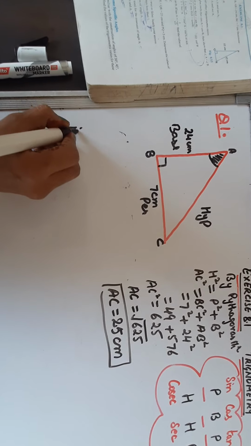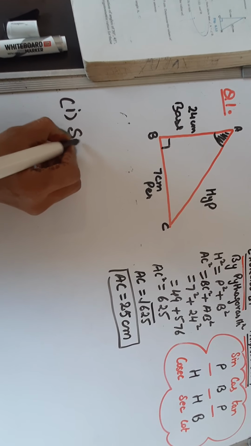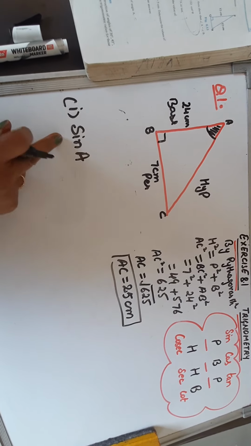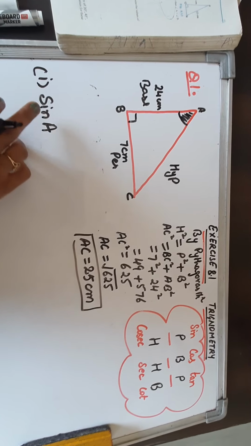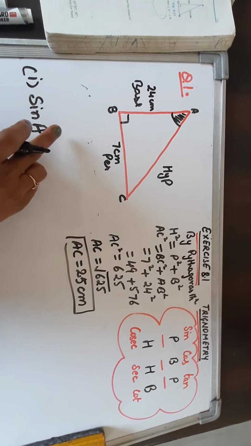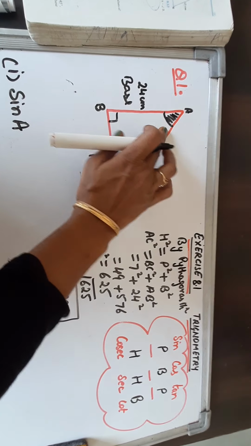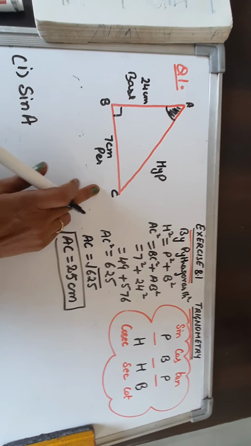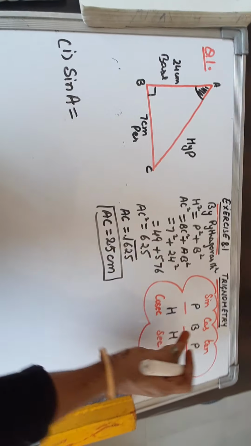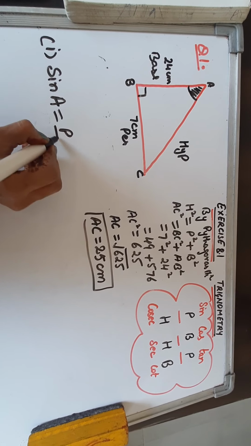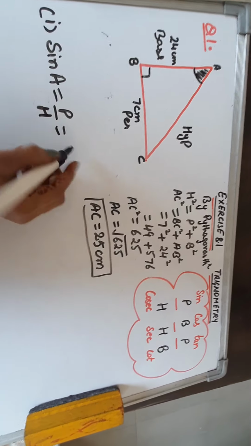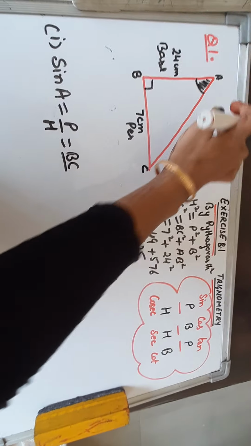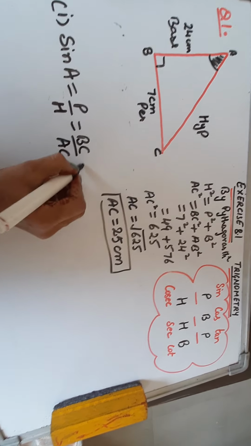Now let us focus on the second step, which is to find out sin A. First step is Pythagoras, second is the trigonometric ratio involving the angle. It is involving angle A, so our perpendicular is this and base is this. So perpendicular by hypotenuse, perpendicular opposite to A angle is BC upon hypotenuse AC. So put the value.